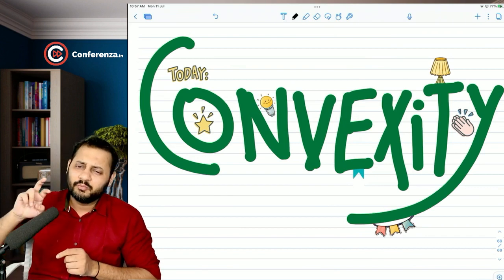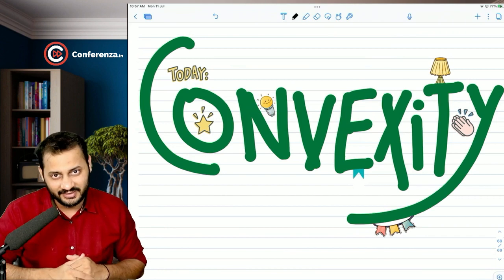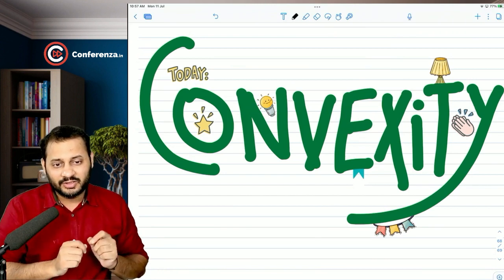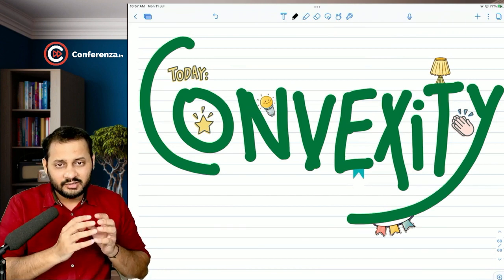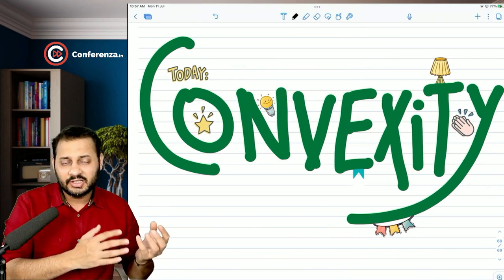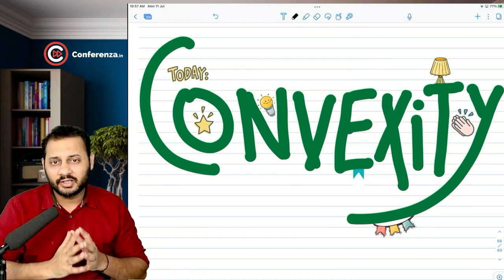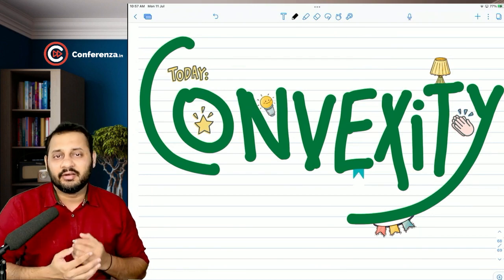But there was a drawback, or loophole, in the concept of volatility. The loophole was that when the change in YTM, the change in yield, increases, the volatility concept doesn't give us the accurate figure, or it gives an error.